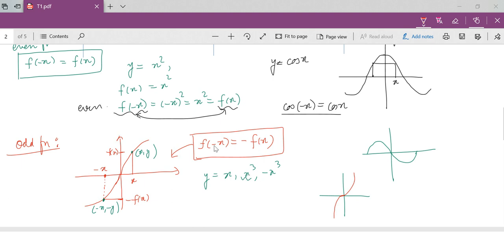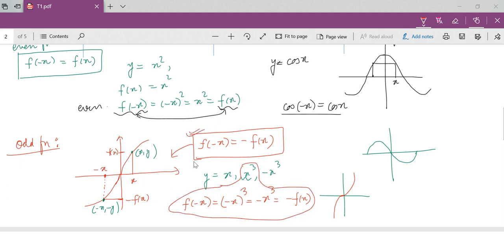If not by the graph, I can check using this condition. My f of x is x cube, so my f of minus x is minus x whole cube, which is nothing but minus x cube. And this is minus of f of x, right? So you just checked that your x cube function is an odd function, because it follows this mathematical rule.